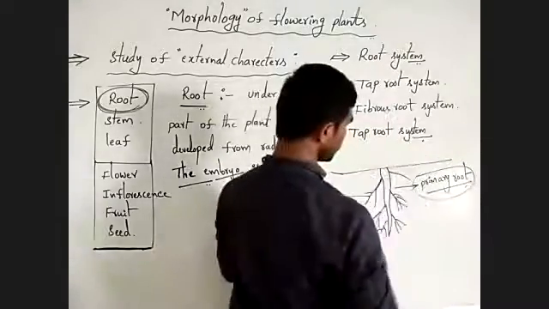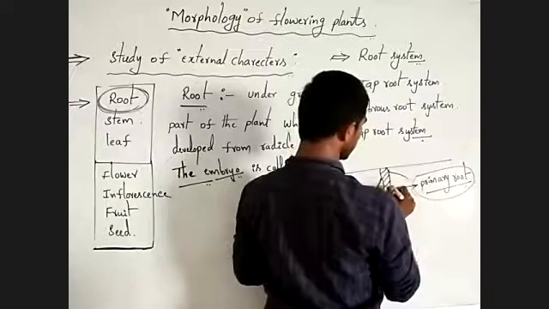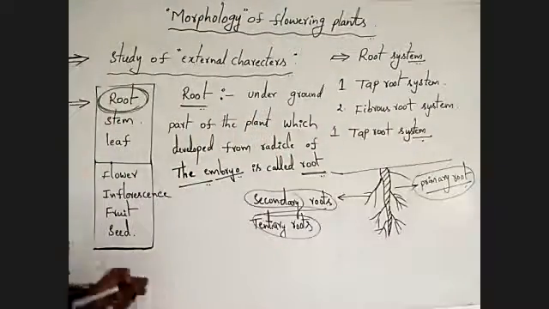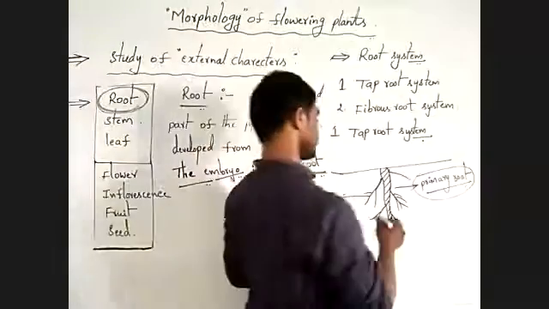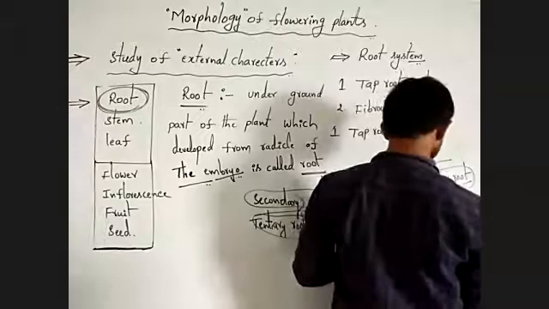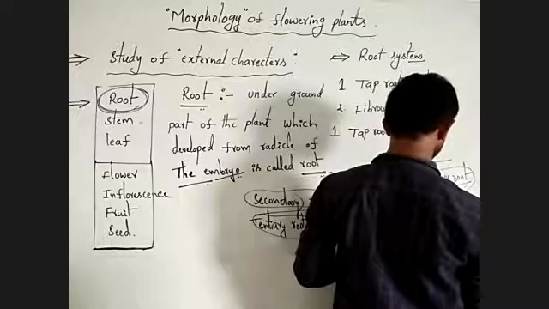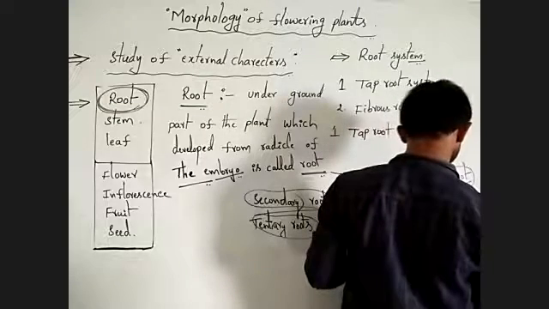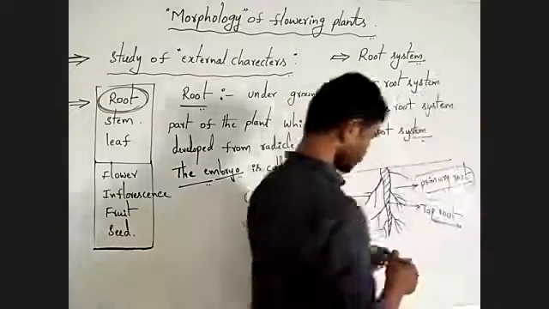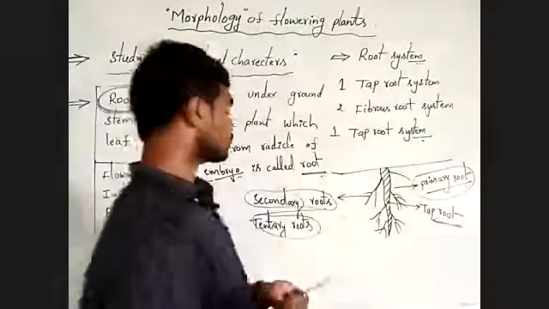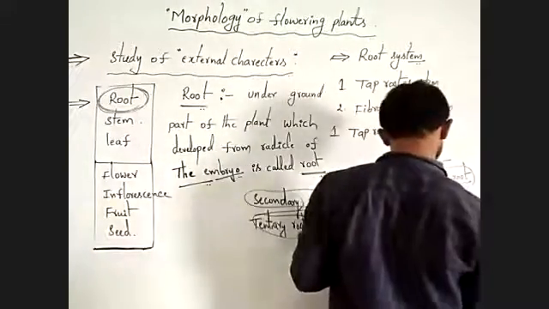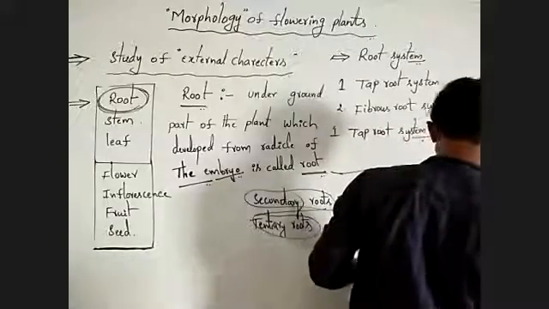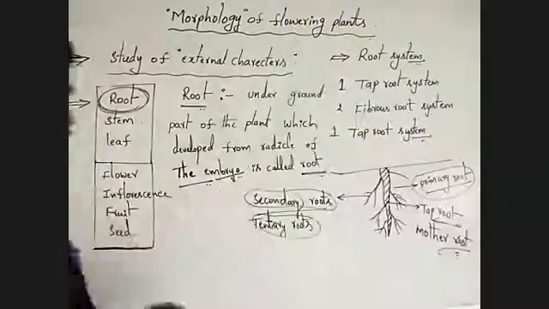From the radicle, a large primary root is developed like this. It is called the tap root. It is also called the mother root. Observe carefully.